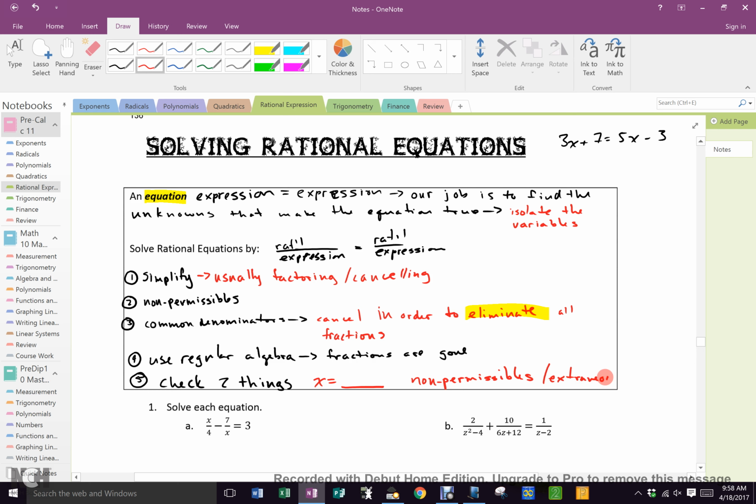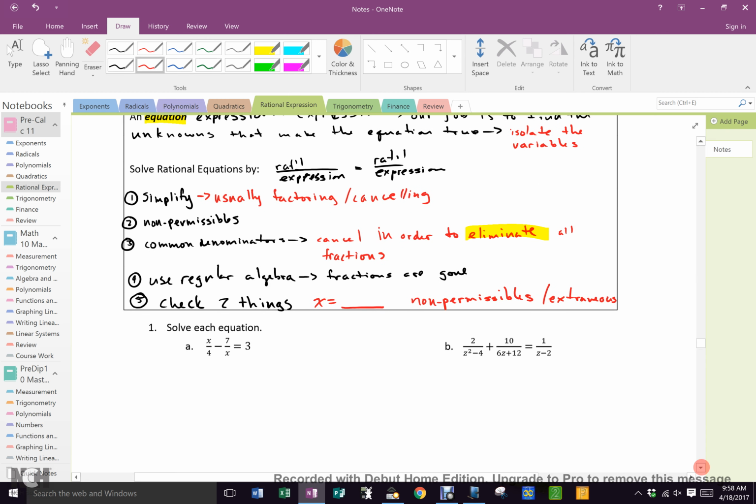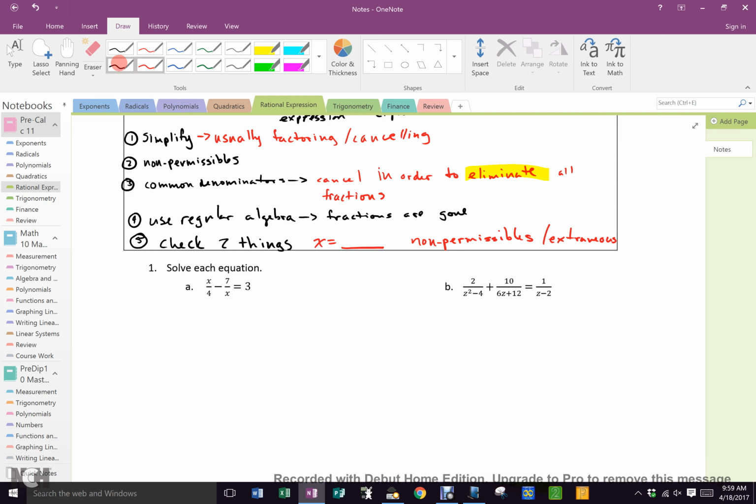Do you remember extraneous roots? That was what we had in, for example, if we were throwing the ball off the roof, we would get 2 roots, yes? But one was a negative time. That's an extraneous root. We remember these, yes? All right. So let's try this on this extraordinarily simple one.